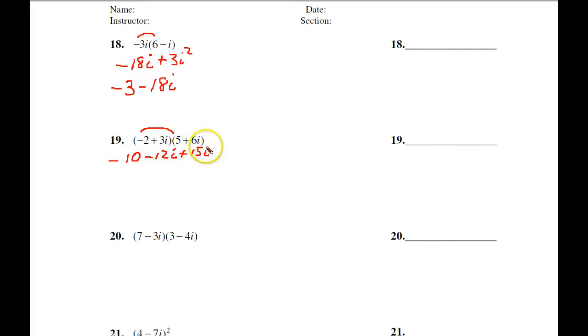And then this is going to be a positive 18i squared. But we know that i squared is a negative 1. So this becomes a negative 18, and a negative 10 gives me a negative 28. And then this, when we combine like terms, gives me a positive 3i, and that is in standard form.